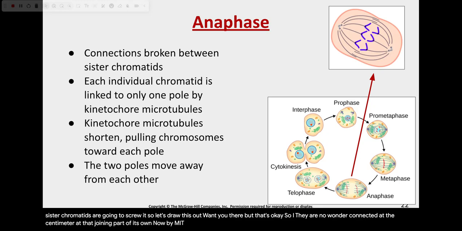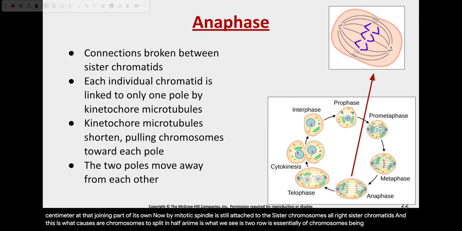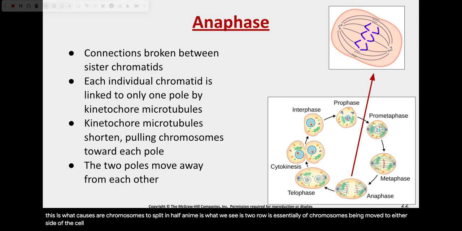Now my mitotic spindle is still attached to these sister chromatids, and this mitotic spindle has started to shorten. The shortening of this mitotic spindle is what causes our chromosomes to split in half. So in anaphase, what we see is 2 rows, essentially, of chromosomes being moved to either side of the cell. They're moving towards the poles.